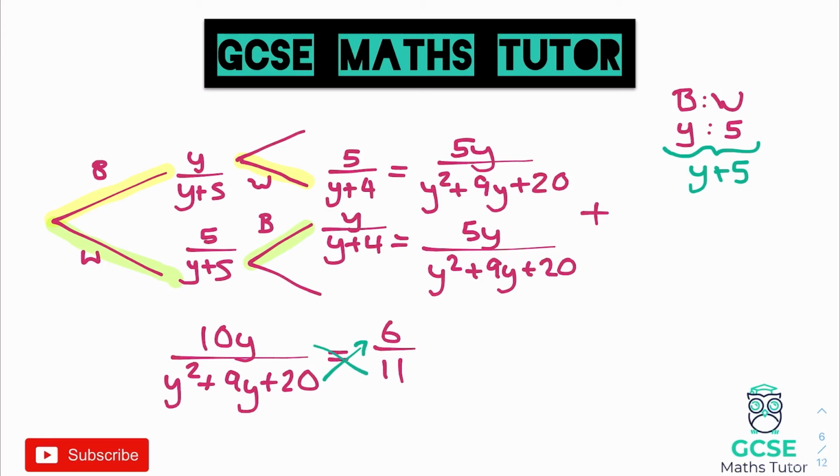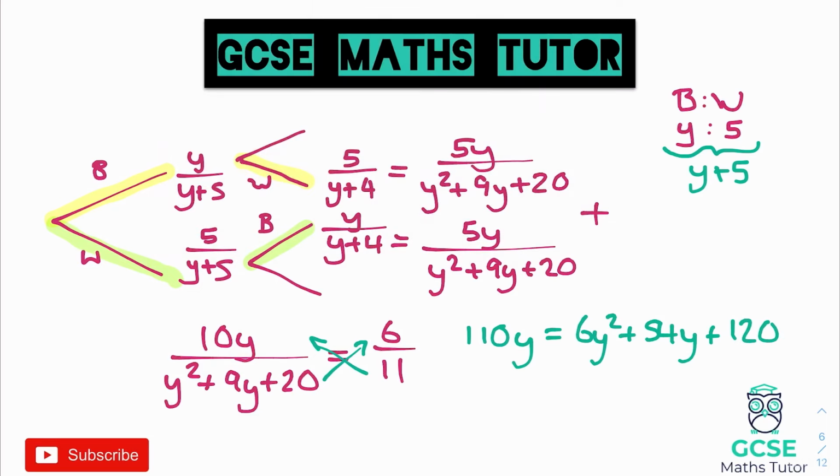So if we cross multiply these and see what we get, 11 times 10 on the left there gives us 110y, and that is going to equal, and we're going to times this other one by 6. So we will have 6y squared plus 6 times 9, which is 54y, plus 6 times 20, which is 120. There we go, and we have got our quadratic.